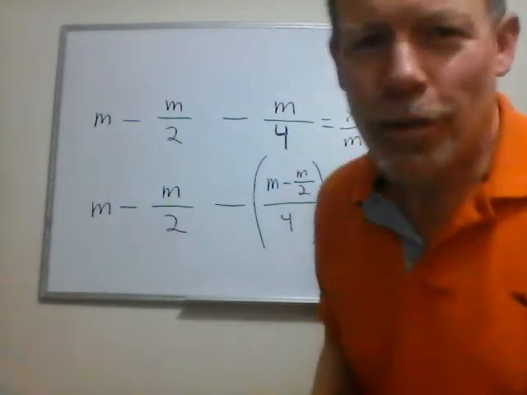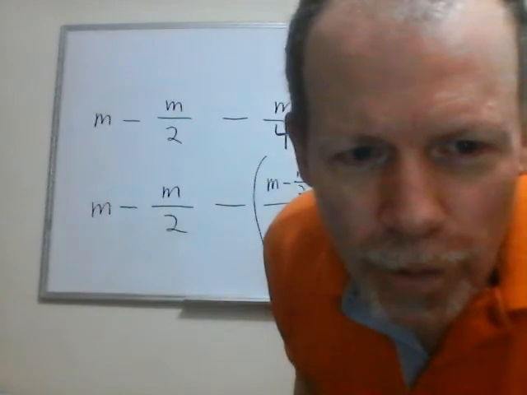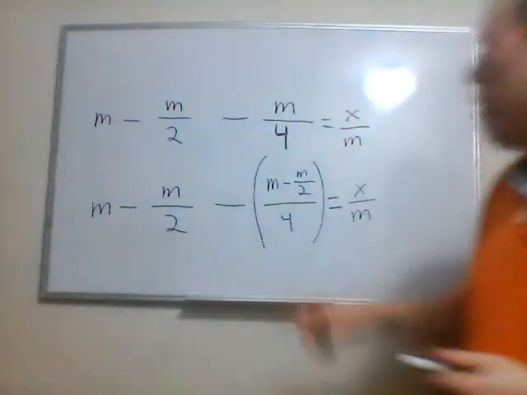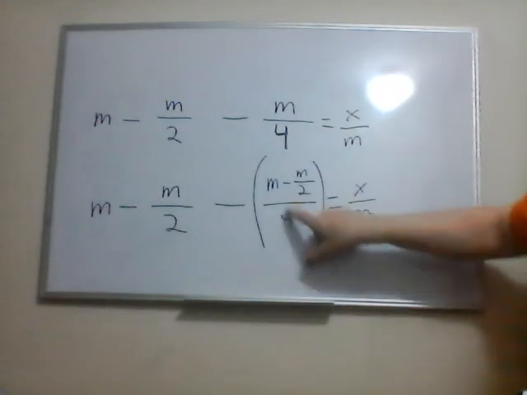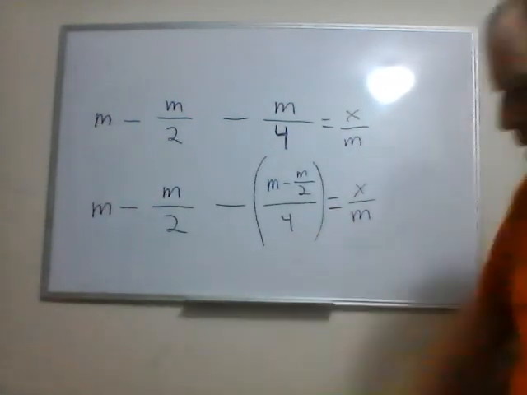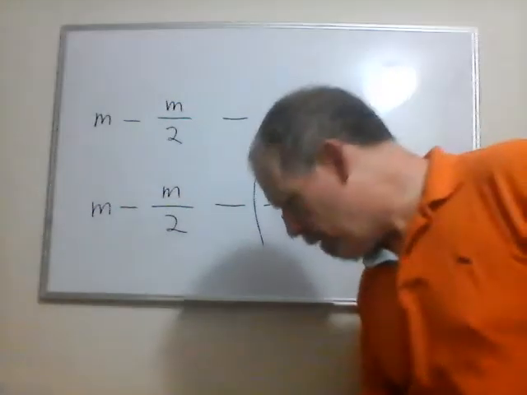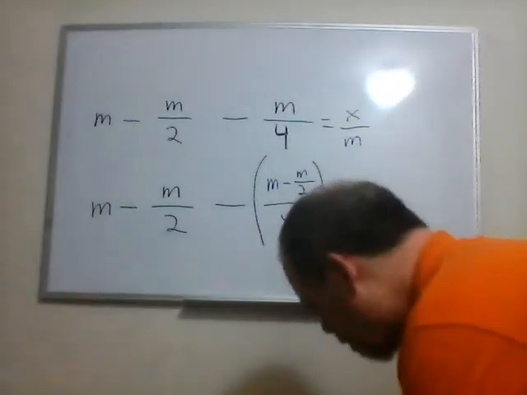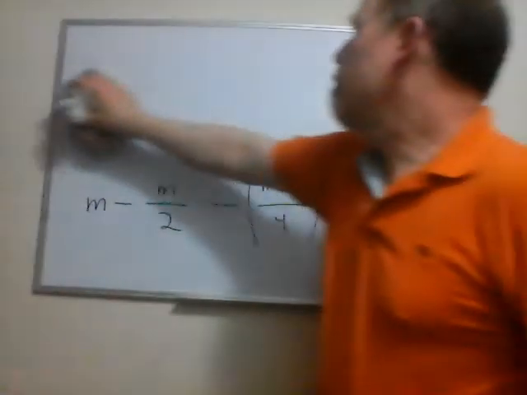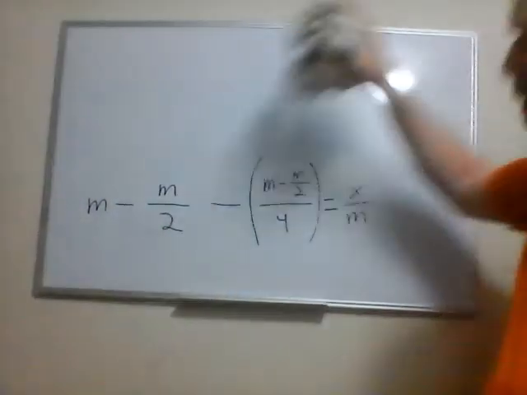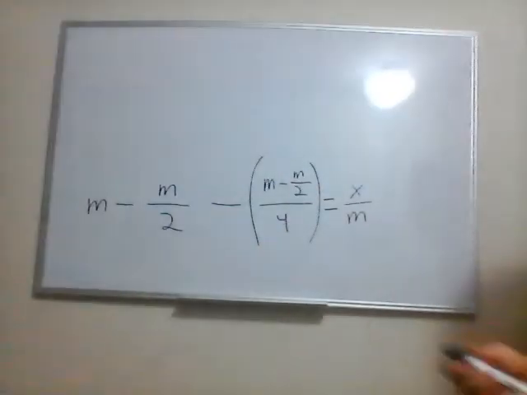This story says she gave 1/4 of the remaining marbles. This amount becomes this amount, the remaining marbles, and 1/4 of the remaining marbles are what she gives away. So the simple version of the story, sadly in this case, does not work. It's the more complex version of this.